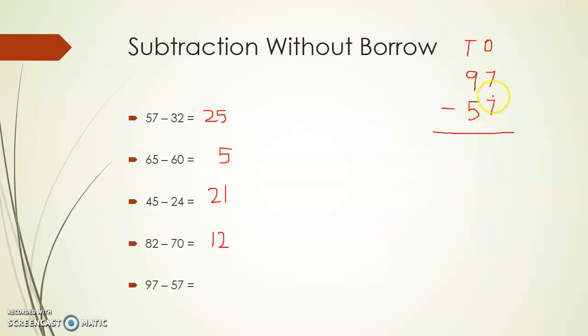No need to count. Both the numbers are the same. So the difference is 0. Now count from 5 to 9. After 5, 6, 7, 8, 9. 4. The difference between the two is 40. So 97 minus 57 is 40.